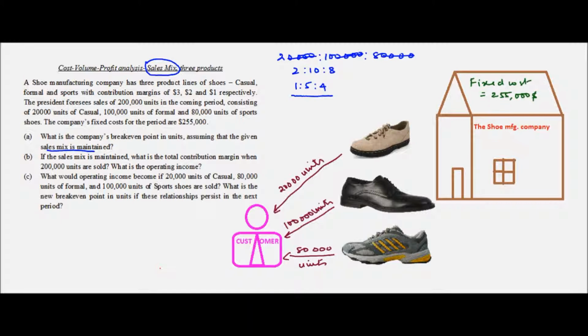We have also been given the contribution margins for each of these product lines. So the casual shoes contribute $3 per shoe. The formal shoes contribute $2, while the sports shoes contribute $1. So with this information, let's try and find out the answer to these three questions.